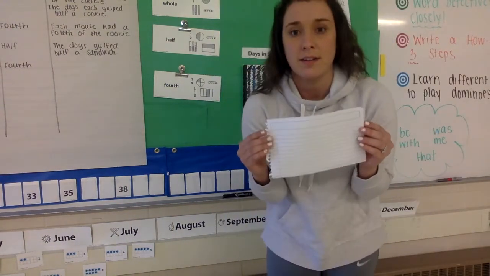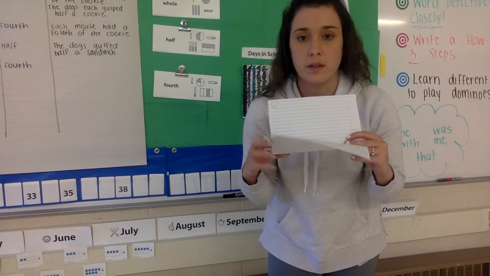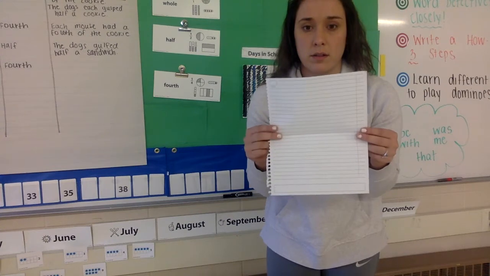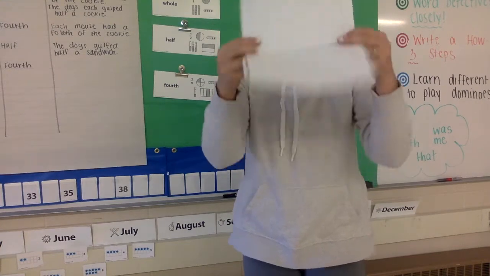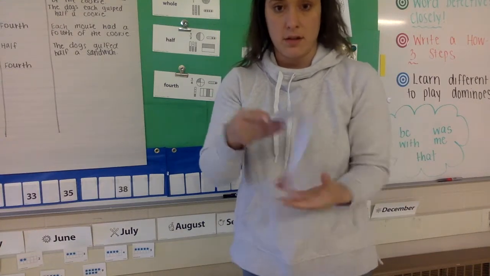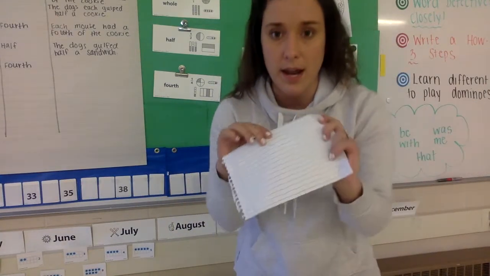When you're done, your eyes can be back on me. So mine looks like this. I took my piece of paper and I folded it in half. So they match. Do you see that? My paper is in half.